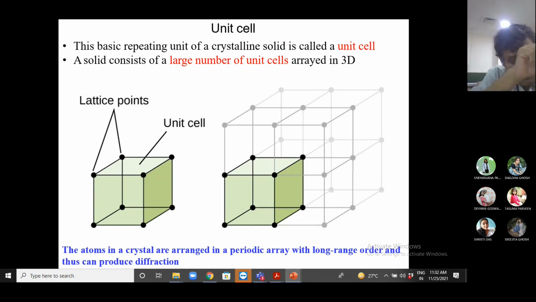So if we can catch that diffraction, we can easily come back to the crystal and find out where the atoms are located. In case of a crystal, these points are called lattice points. In these lattice points, the atoms which make the crystal get located, and they diffract the X-ray.